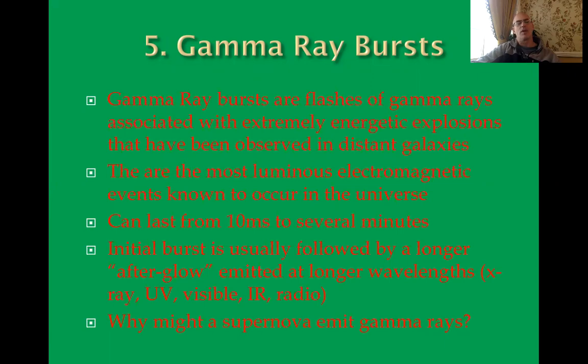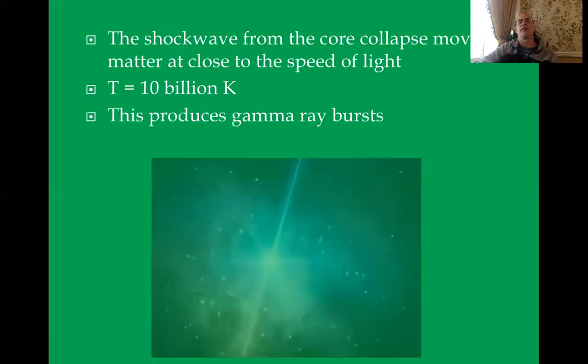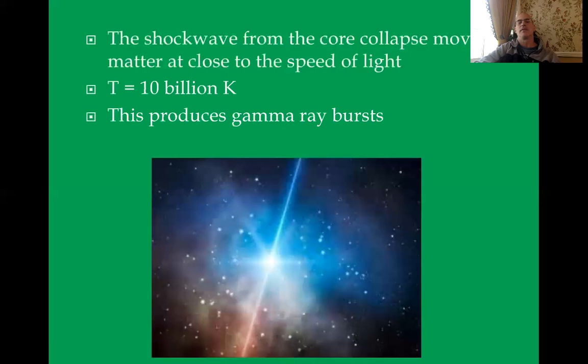The energy required to do that is so huge that gamma rays are produced during events such as that. Okay. So the shock wave from the core collapse moves matter at close to the speed of light. We're talking temperatures of 10 billion Kelvin, and this is where these gamma ray bursts come from.